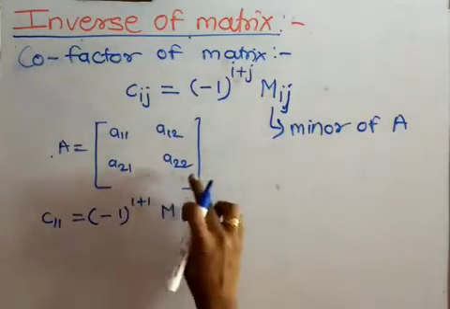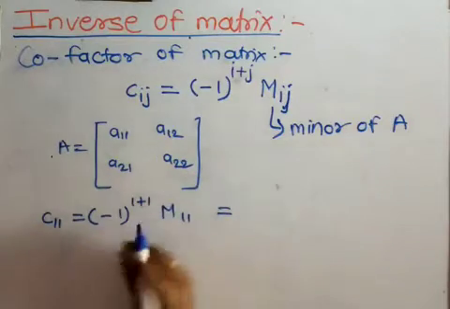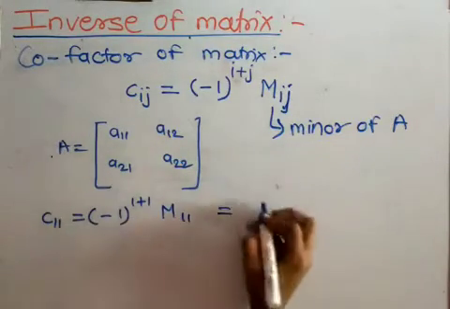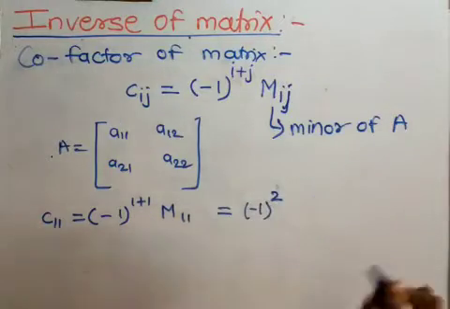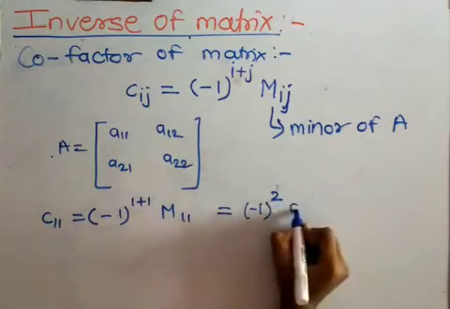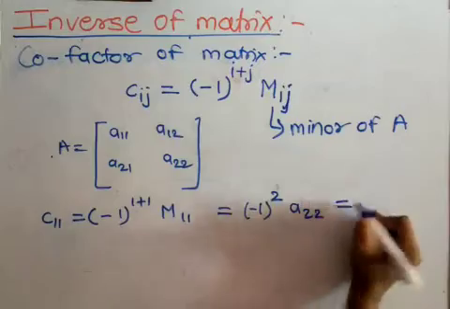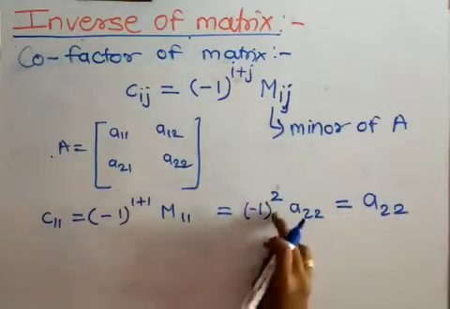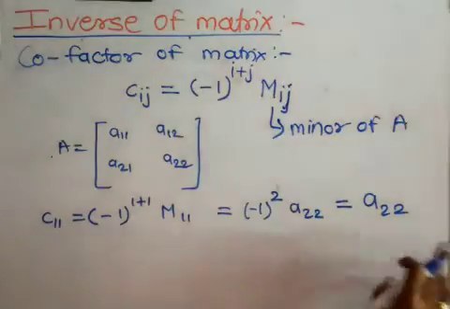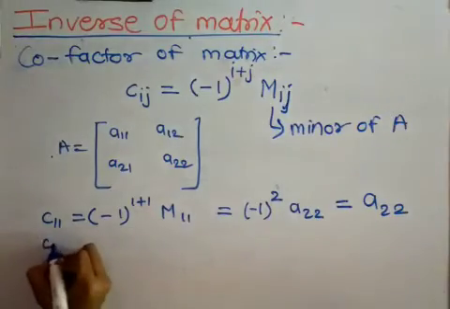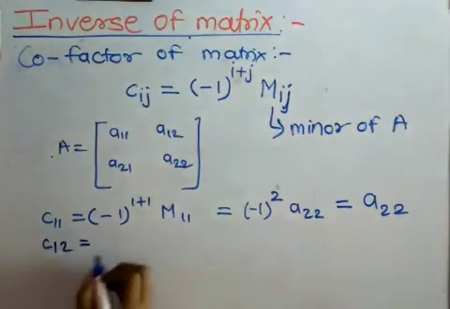So we get A22. So minus 1 raised to 1 plus 1, which is minus 1 raised to 2, is 1. The answer is A22.